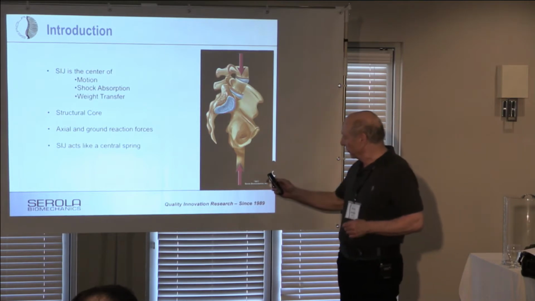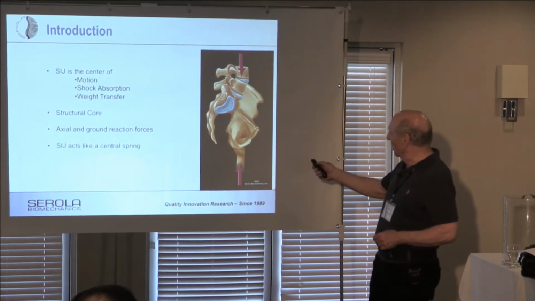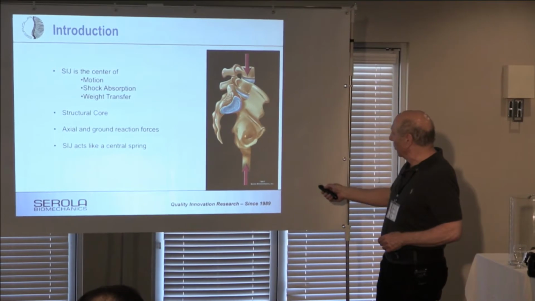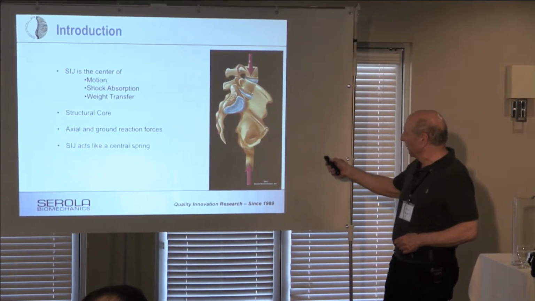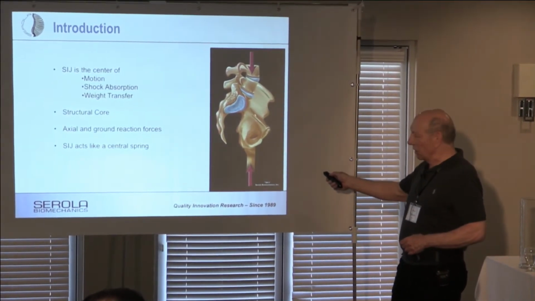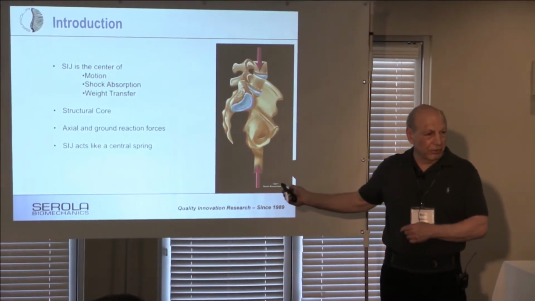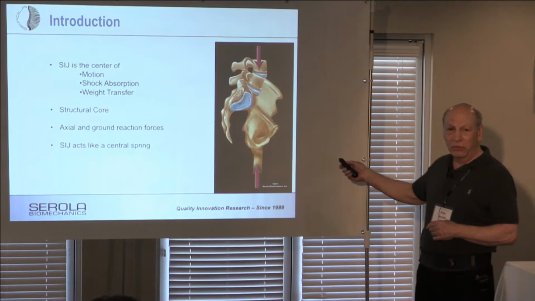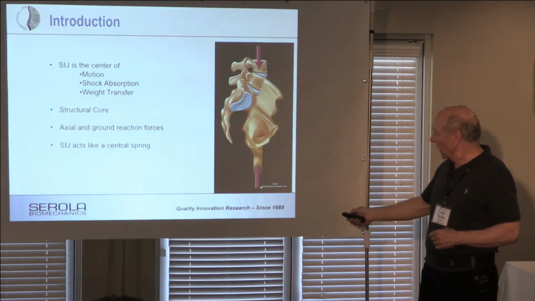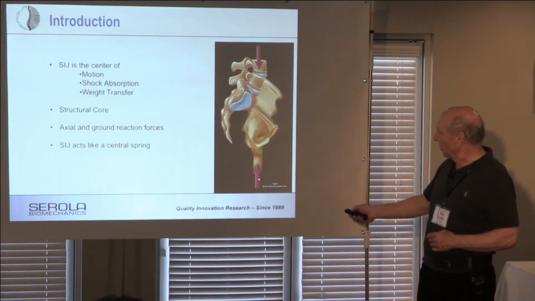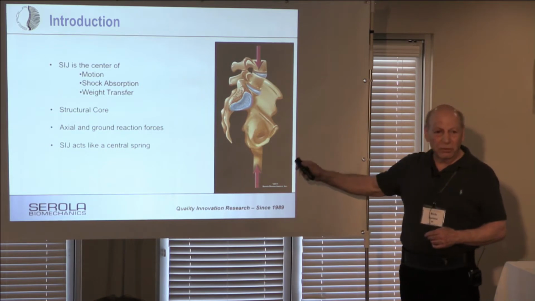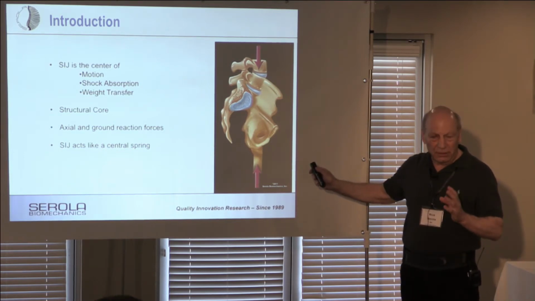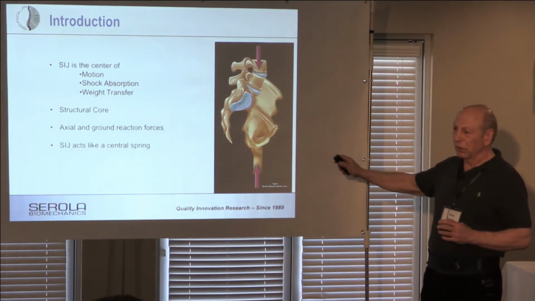What happens is axial force comes down through the spine, and it causes the sacrum to drop anterior and inferior. And it also rotates, but I can't show that here two-dimensionally. The ground reaction force comes up through the legs and causes the pelvis, the ilium, to rotate posteriorly.